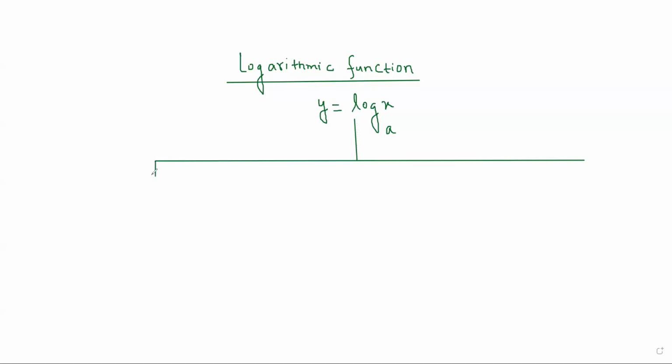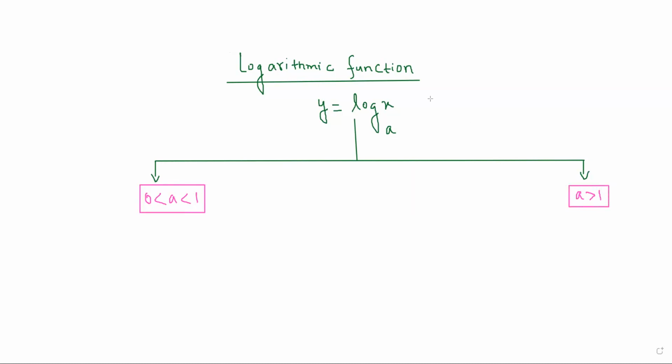First condition is that a should lie between 0 to 1. This is your first condition. And the second condition is that a is greater than 1.